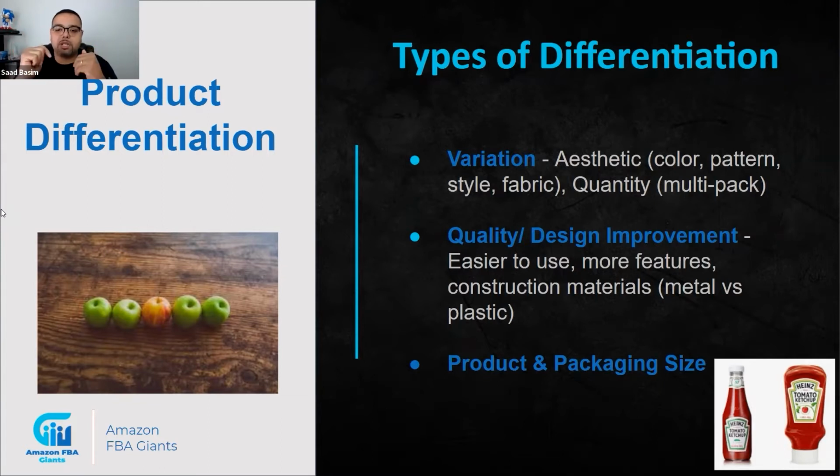So a lot of times, instead of only differentiating by offering multiple colors, changing the material, or working on the listing, just changing the packaging itself and making it smaller will reduce the fees by a lot. If it's oversized at 18 and a half or 18 and 3/4 inches, and you're able to get it to less than 18 inches, you're really good to go. You'll be able to save $1, $2 per item, which is really important.